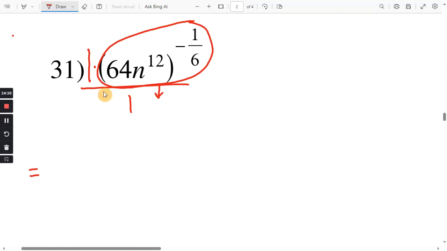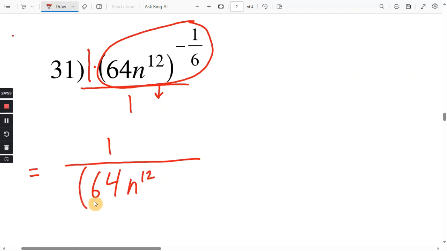All right, so we have a 1 in the numerator, and 64n to the 12th is going to be raised to the power, instead of negative 1/6, it's going to be positive 1/6.